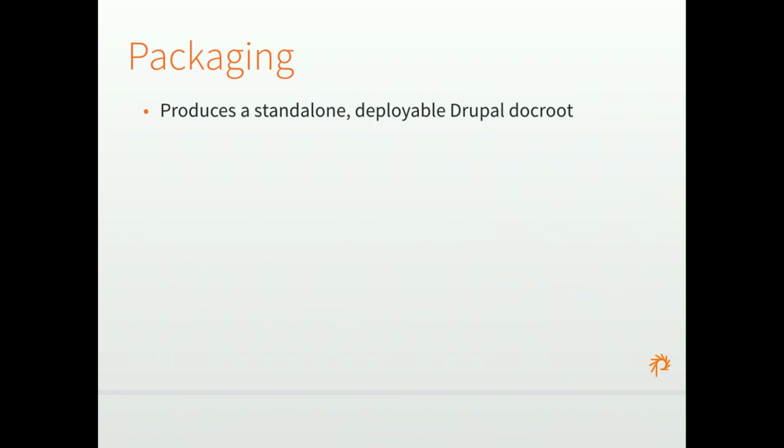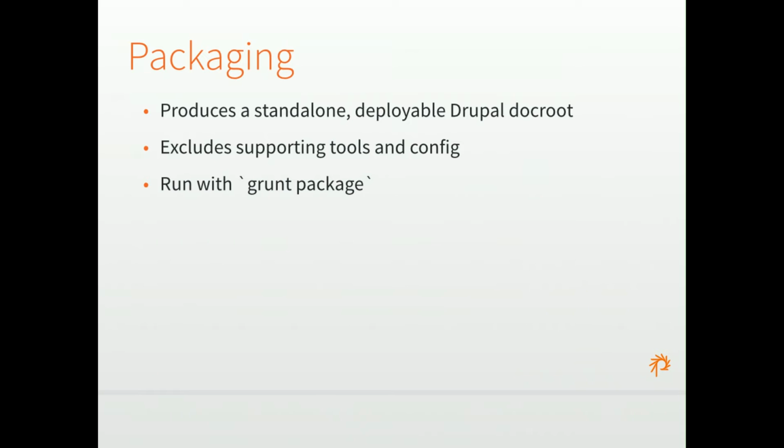You really don't want those symlinks in something that you're pushing up to your prod server. You just want a simple dereferenced docroot. And so we have something in there for producing that, where it's stripping out the symlinks and just copying things in place. It's taking out the supporting tools and configuration, so it produces just a clean, simple Drupal docroot.